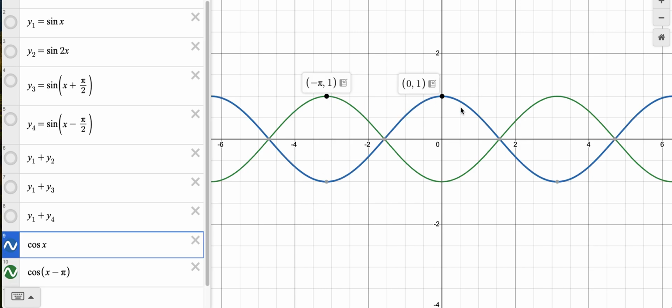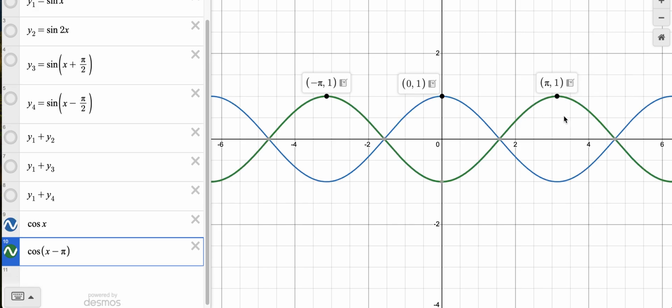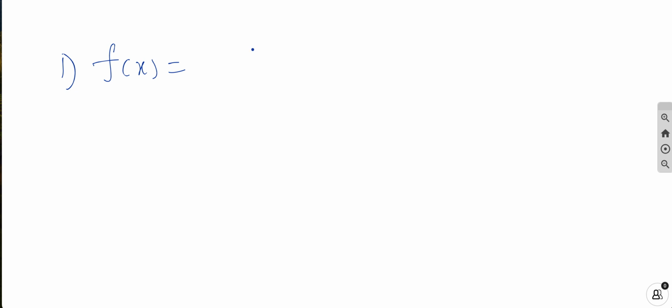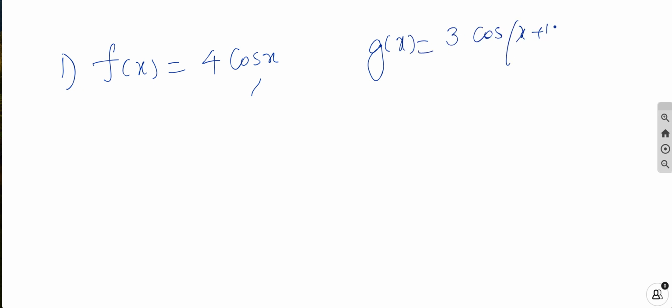The time at which their maxima occurs is different, so they are shifted with respect to each other. So I'm looking at a cos function 4 cos x. Okay, the frequency is the number that is multiplying with x, and the other function is g of x, which is 3 times cos of x plus pi by 4.